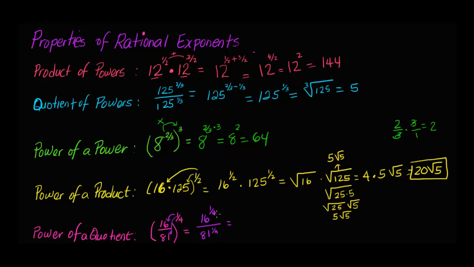Now I can change this into a radical: the 4th root of 16 over the 4th root of 81. The 4th root of 16 is 2, because 2 times 2 times 2 times 2 is 16. And the 4th root of 81 is 3, because 3 times 3 times 3 times 3 is 81. So this will be your final answer.